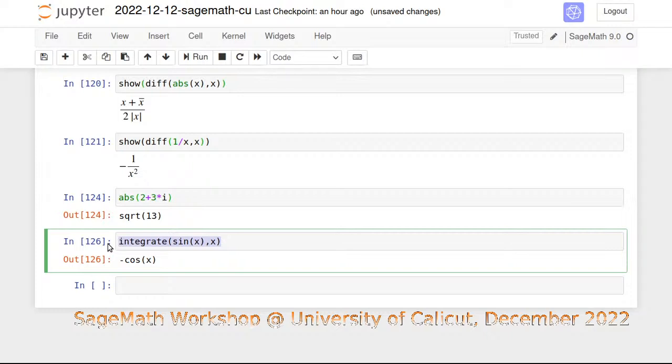But for integration, that's not happening, because probably the integrate function is defined by some other mathematician who has contributed it to SageMath. He wanted to define it like that. There is no exact answer why x is required here and not there. Different people visualized the process from their own point of view. That's why x is required here, and not in the differentiation command.